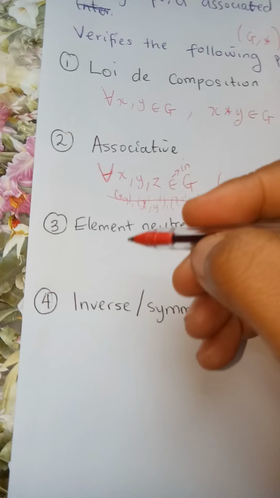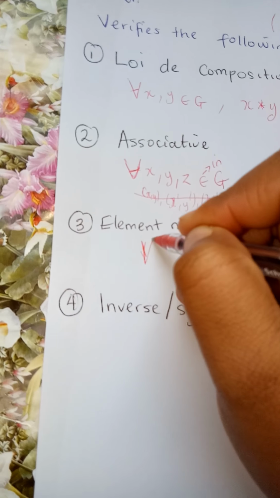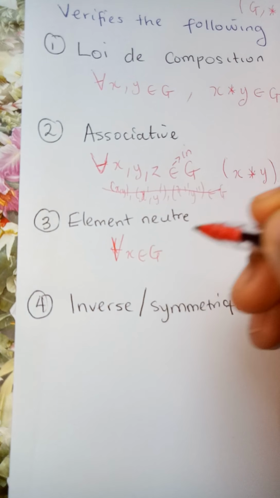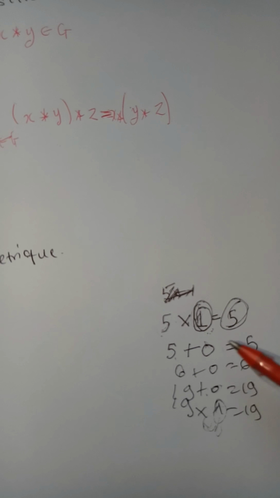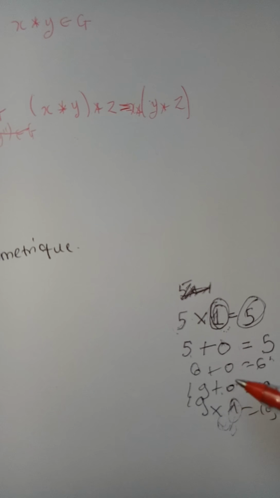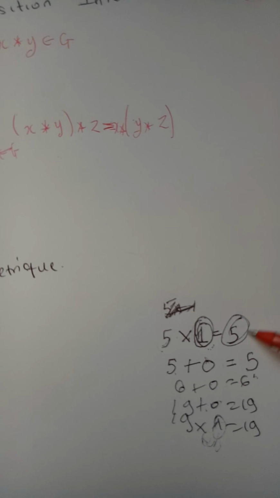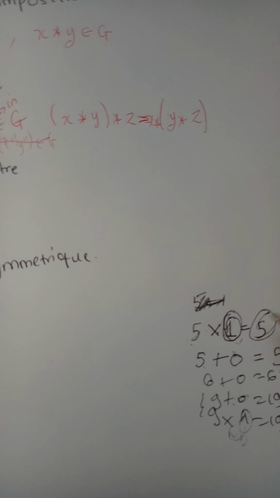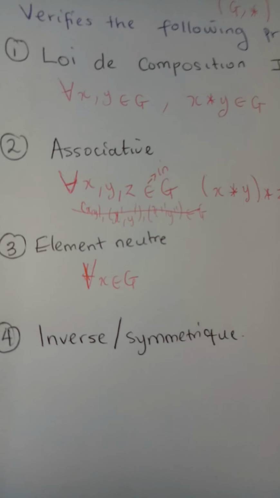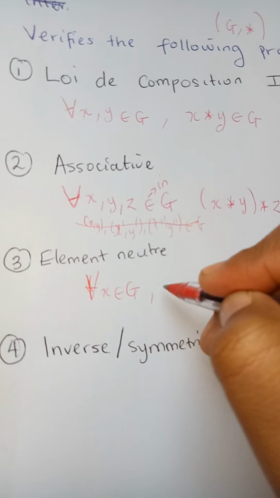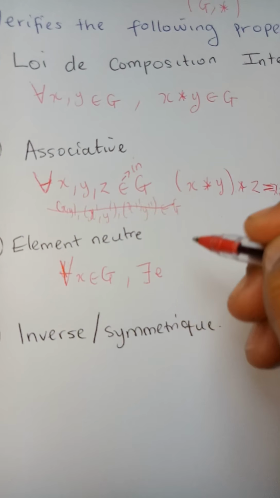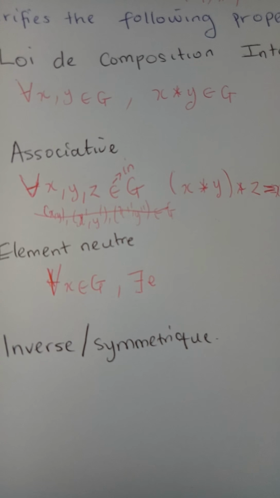So for element neutre, let's say for every X appartient à G, which is true because I changed different numbers, 5, 6, 19, and when I started with an element neutre, I still got the same number, the same X. So for every X in G, there exists an element neutre which we call E, small e.